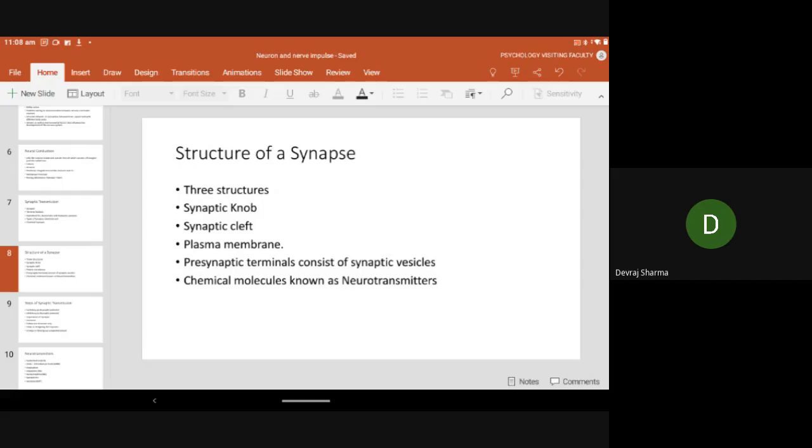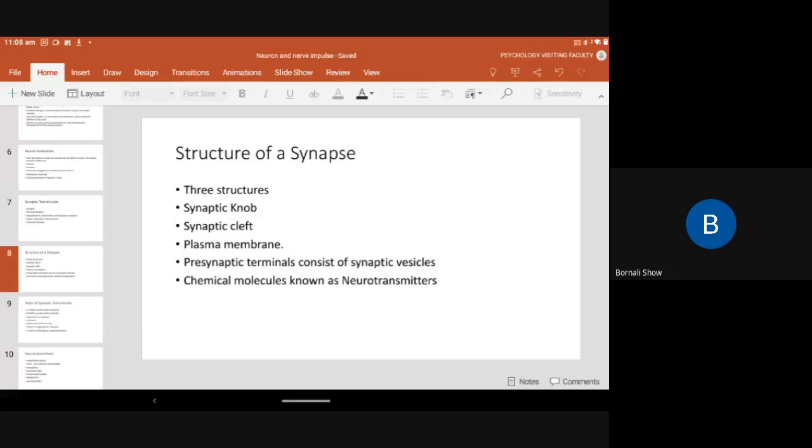This is a fluid-filled sac. The presynaptic terminal consists of these synaptic vesicles. They are nothing but some chemicals or fluid-filled sacs present there. So that is the synaptic vesicle.